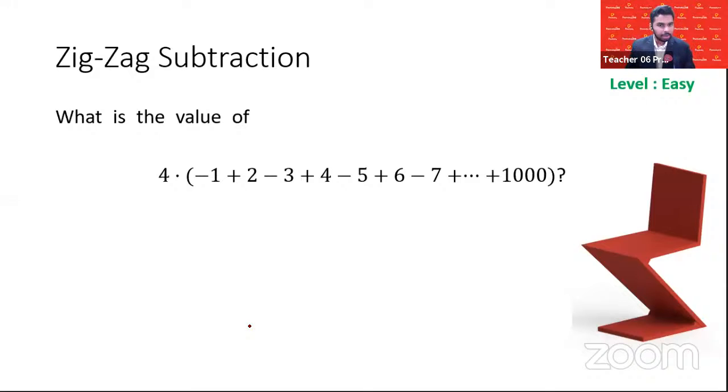I don't know if you have encountered negative numbers. 6th standard students may not have. But if you are confused with negative numbers, you can see them as subtractions. So you can see this as 2 minus 1, 4 minus 3, 6 minus 5, etc. If you observe it in this manner, you will get an answer. I want you to post your answers in the chat box.